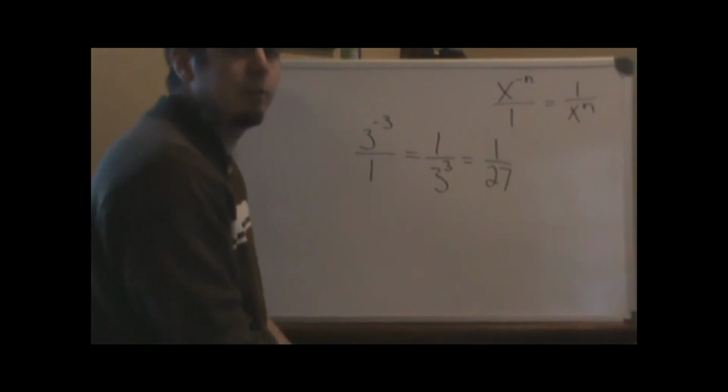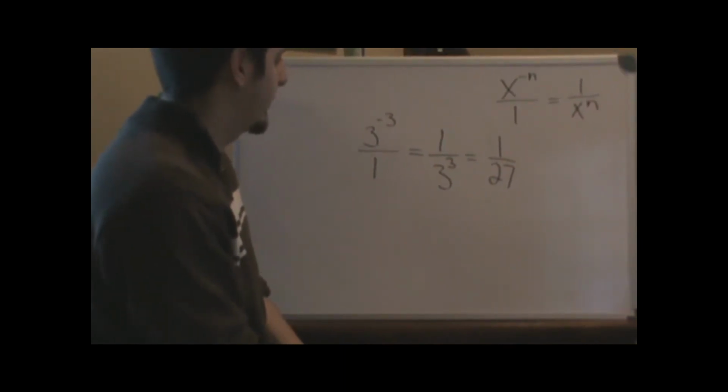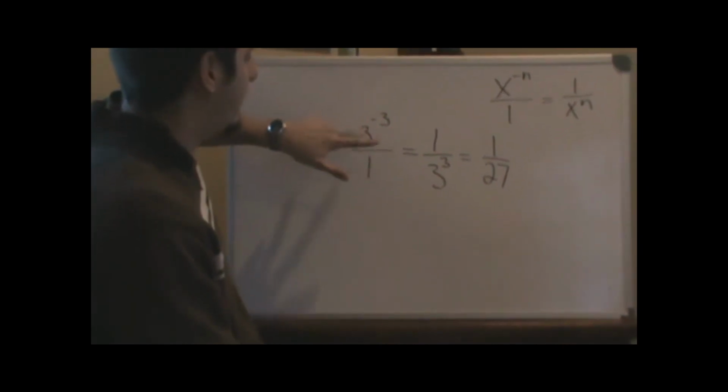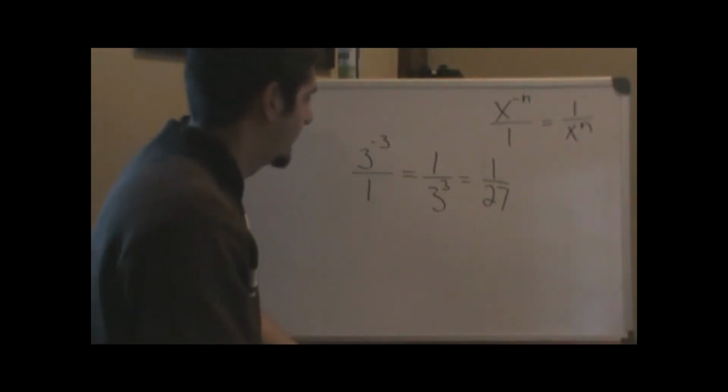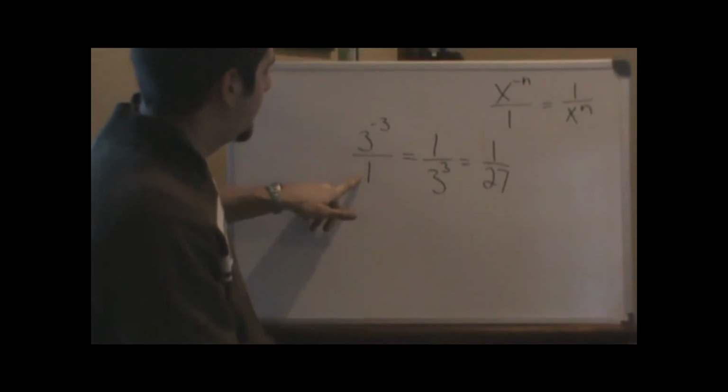If you want to take a positive exponent and make it negative, you move it to the other side of the fraction. Okay? You also need to make sure that when you move positives and negatives, that you move the 1 as well.